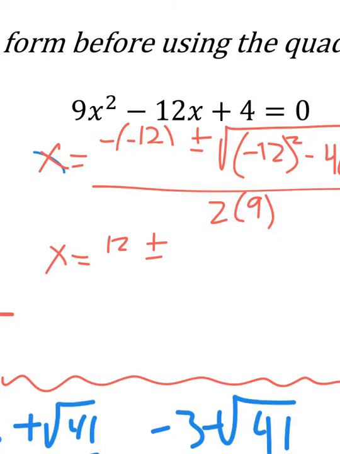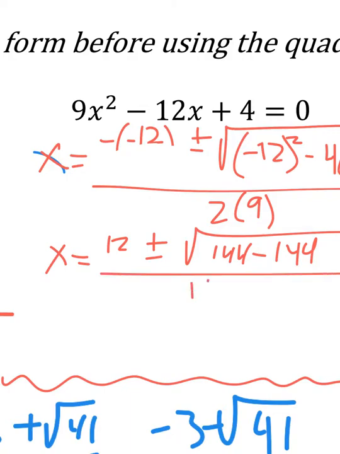What's 4 times 4 times 9? That's 16. What is that? Is it 144? I think it is, right? So this is the square root of 144 minus 144. That's going to be interesting. And those guys just go away, right?